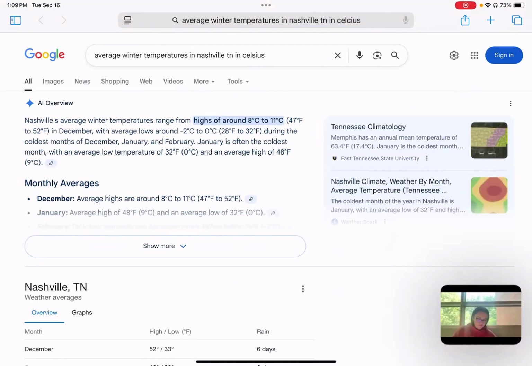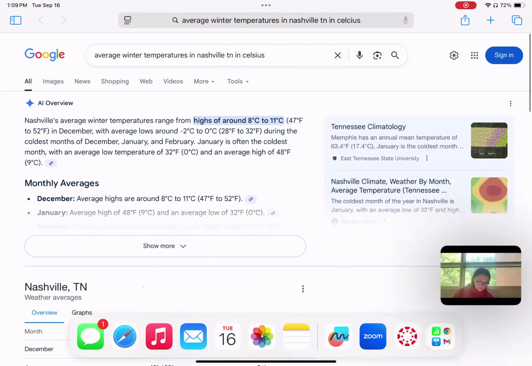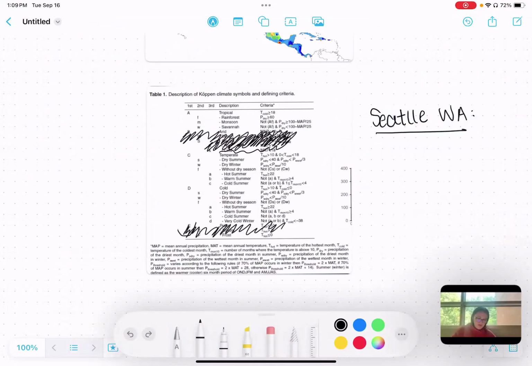Great. Nashville's average winter temperatures range from highs around 8 degrees Celsius to 11 degrees Celsius. So that is less than the T cold here given in our table. So that tells us that A is automatically out because it's not greater than 18 degrees Celsius for our wintertime temperatures.